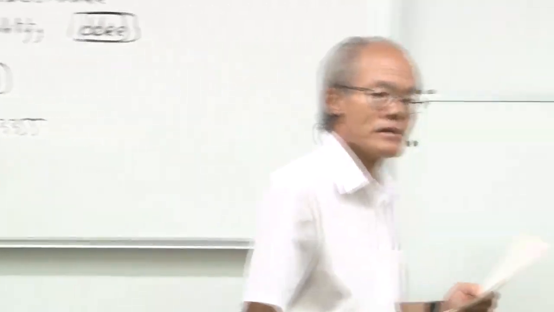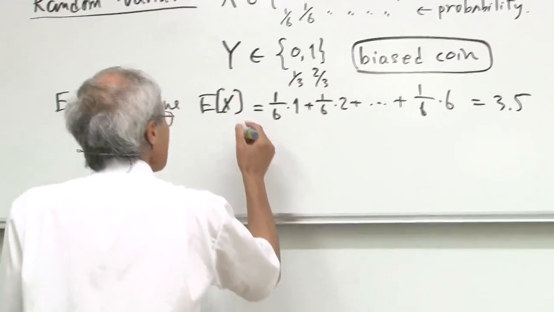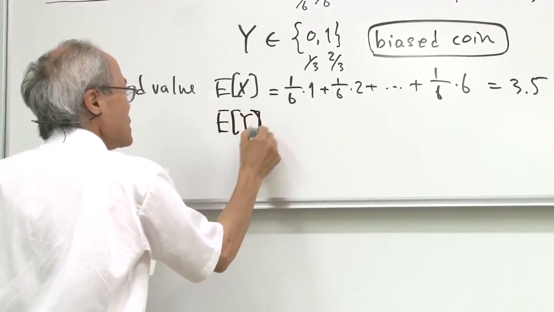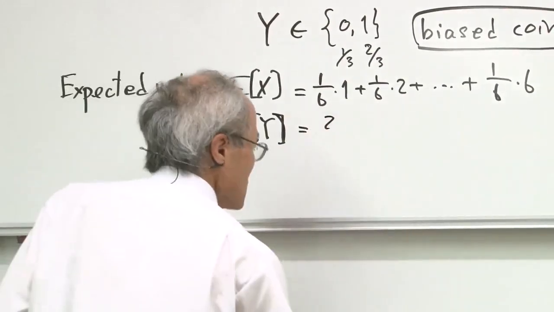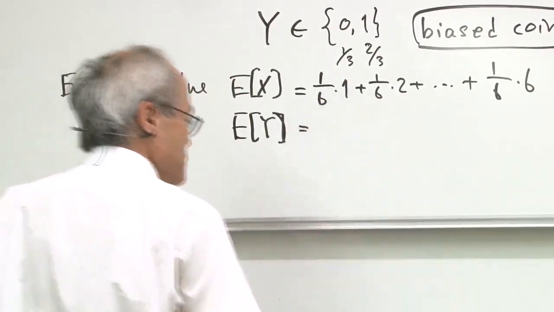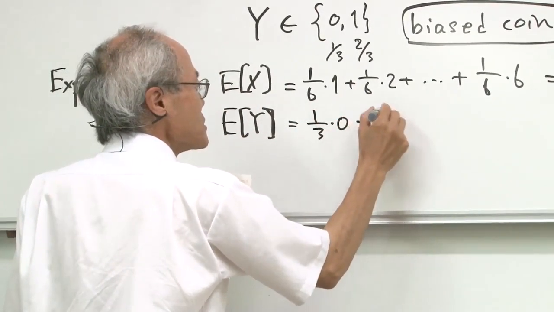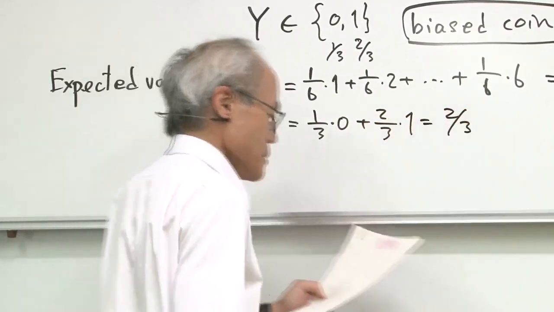This is the expected value of the number of the die. As you know, this is pretty easy. Everybody knows. And the expected value of y is equal to one third times 0 plus 2/3 times 1, which is of course 2/3. Okay.